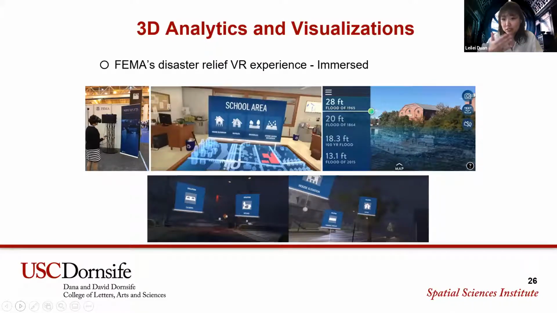So basically you will see the virtual environment of your neighborhood inside of the VR goggle. And then you can run through all kinds of disaster scenarios. What if an earthquake hits your community? What if there is a flood? What if there is a wildfire? How can you react? And which evacuation route should you choose? You can practice all those hypothetical scenarios in the VR goggle.